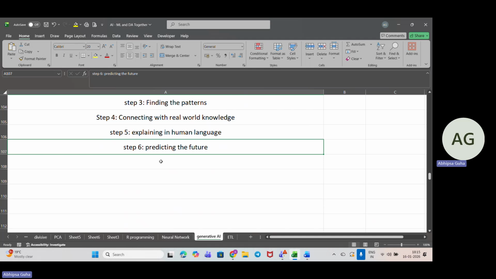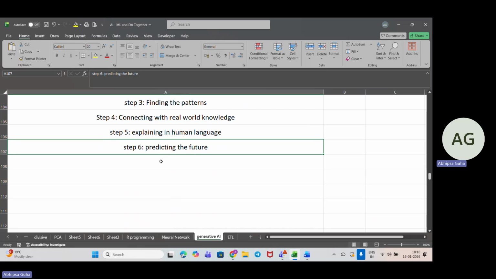Okay. So basically, traditional analytics loads the data, chooses the formula, applies the math, shows the number. This is what traditional analytics does. But generative AI loads the data, understands the context, analyzes the trend, like whether the numbers are increasing or not, and adds real world meaning to it, like more customers are coming. That is why it is increasing: because more customers are coming. This is what adding real world meaning means.